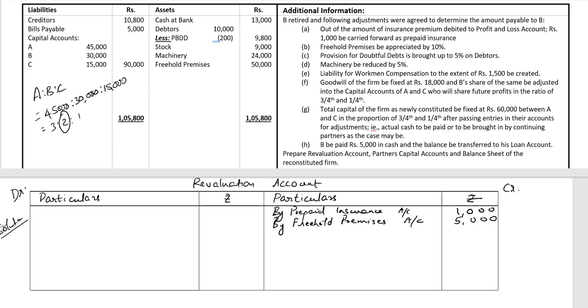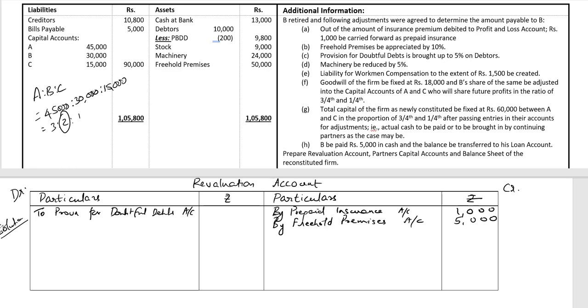Point C, provision for doubtful debts to be brought up to 5% on debtors. So to provision for doubtful debts, 5% on debtors, 5% of 10,000 comes to 500 rupees.